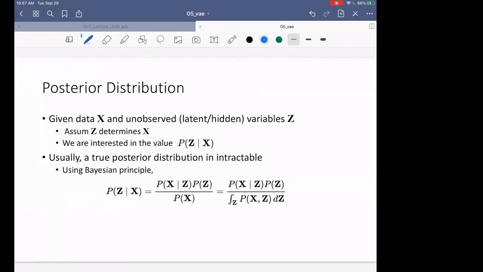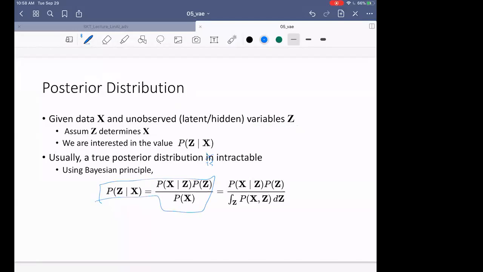The problem is that usually the true posterior distribution is, I'm sorry, this is a typo, intractable. So following the Bayesian principle, I hope you are all familiar with it, which is basically this: P(Z given X) is P(X given Z) times P(Z) divided by P(X), right?